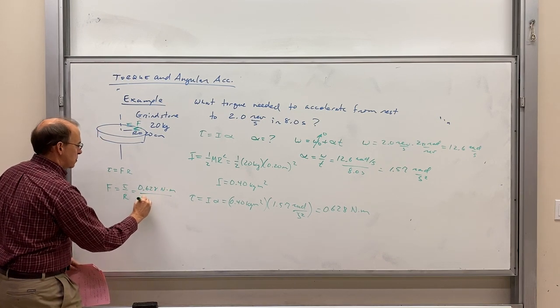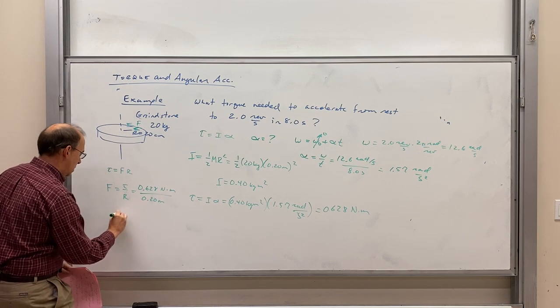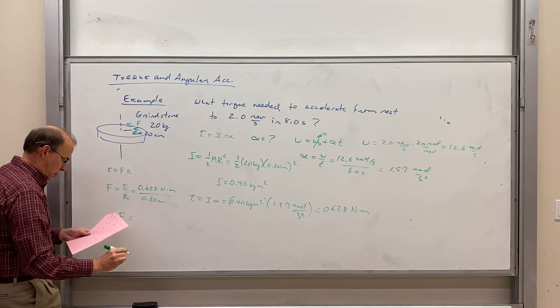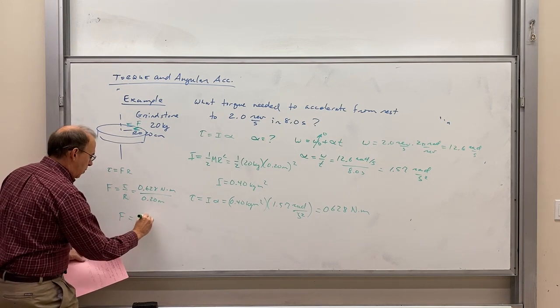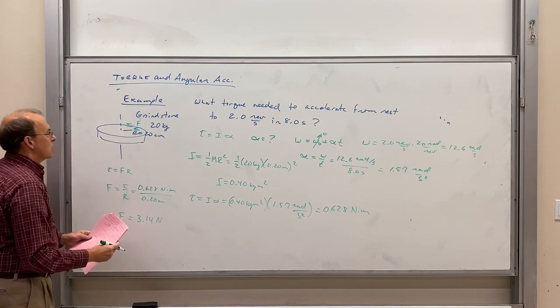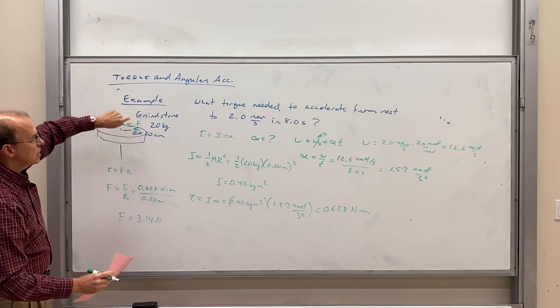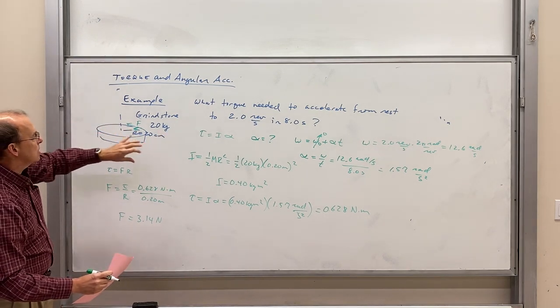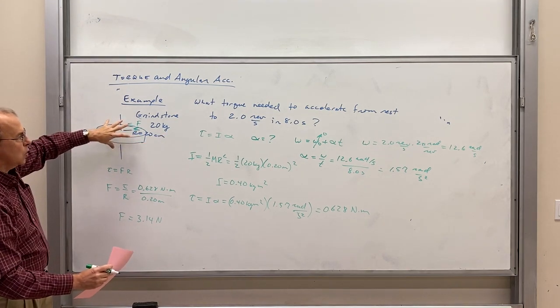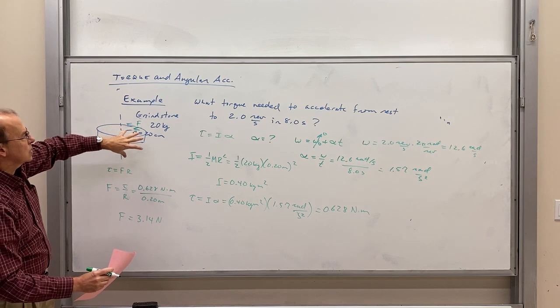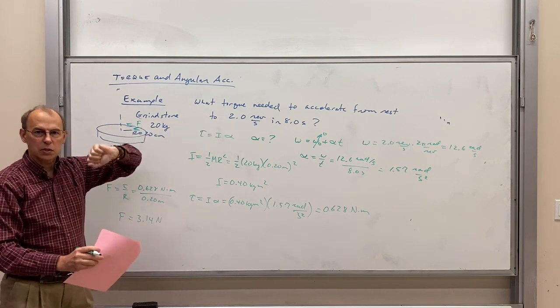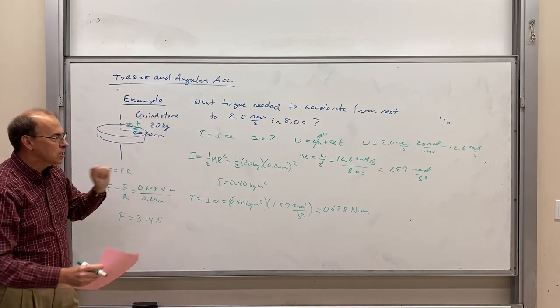The radius was 0.20 meters. So the force would be 3.14 newtons. If I apply 3.14 newtons for 8 seconds, this 20 kilogram stone will accelerate up to 2 revolutions a second. That's a lot.